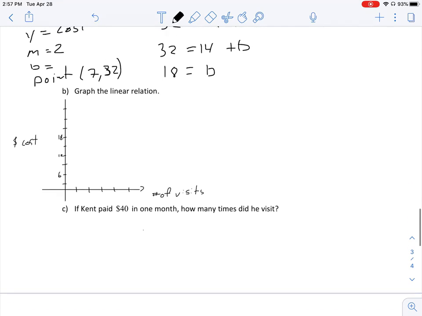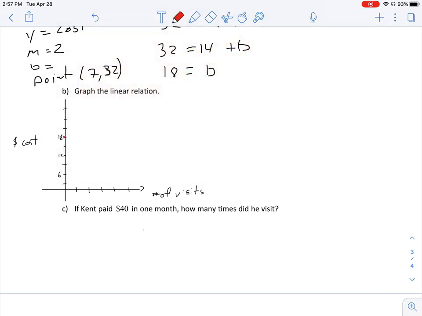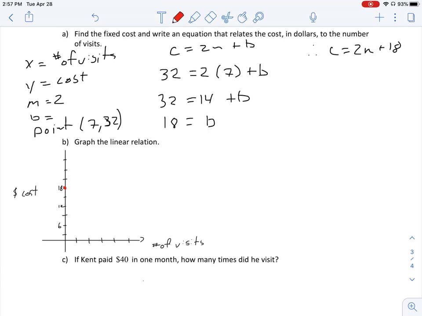Go ahead and graph the linear relation. So we see here that we have our number of visits on the x-axis, our cost is on the y, our scale here is going up by 3, so we know our initial value is 18, so that's where it's going to start. And then the rate of change is 2, so it goes up 2 over 1.